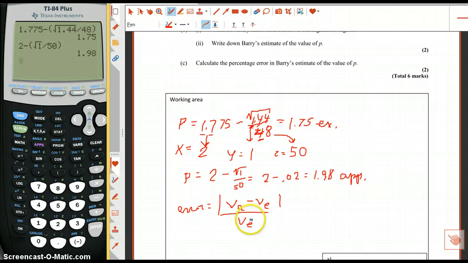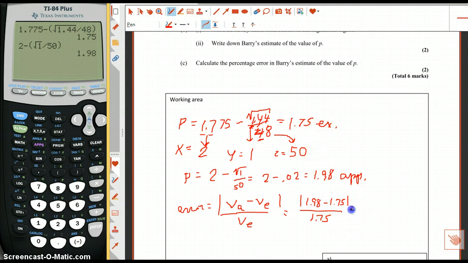You always want to compare against the correct length or quantity. So the top, it doesn't matter which order you put it because it's absolute value, but you're taking the absolute value of the difference of those two, and then you divide by the exact value, which would be 1.75, right? Because the exact value is this one.